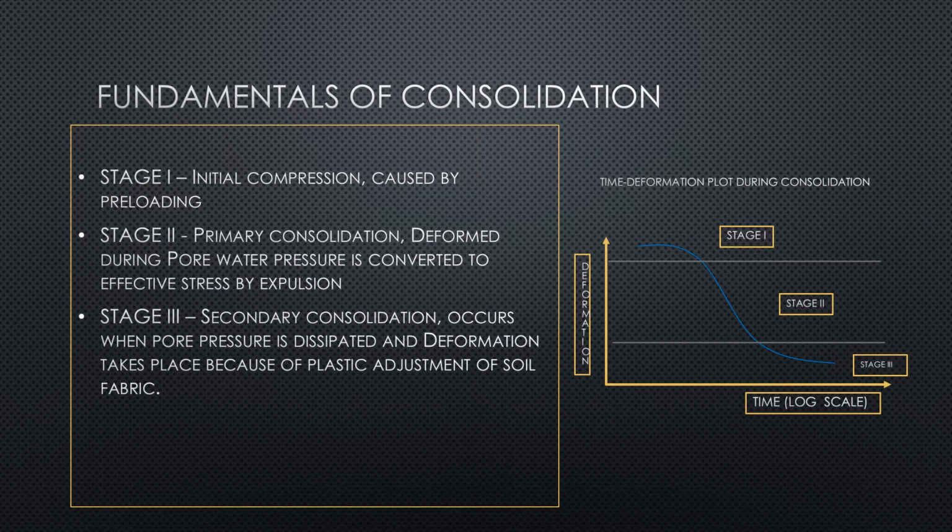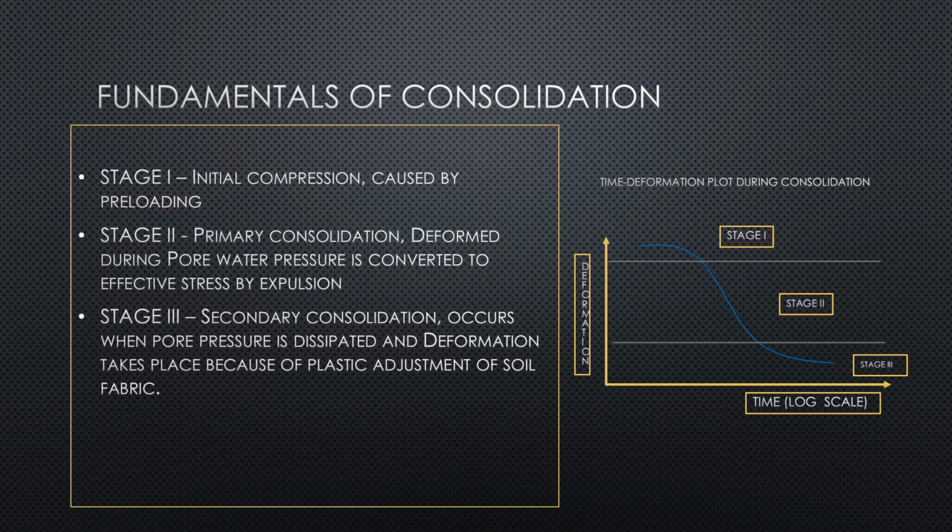For stage 3, the secondary consolidation, it occurs when pore pressure has dissipated, and deformation takes place because of plastic adjustment of the soil fabric. Again, when we say plastic, there is no return to its original form.